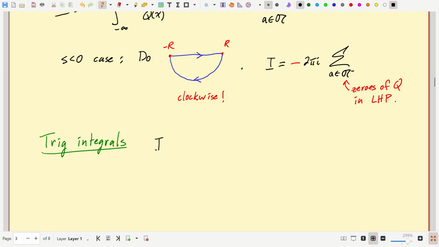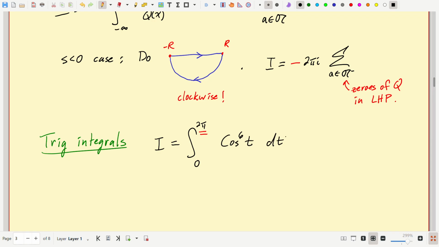Let's call I the integral from 0 to 2 pi, which, if you study Fourier series or something like that, is a very common occurrence. So it's important that it be 0 to 2 pi, because I'm going to relate this integral to an integral around the unit circle. I'll take cosine to the 6th of t dt.